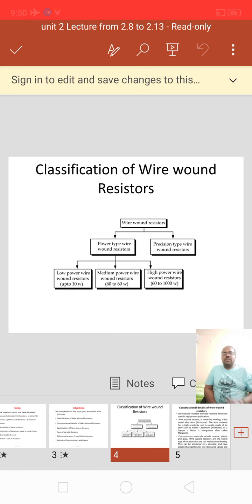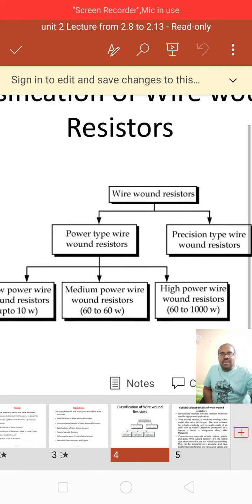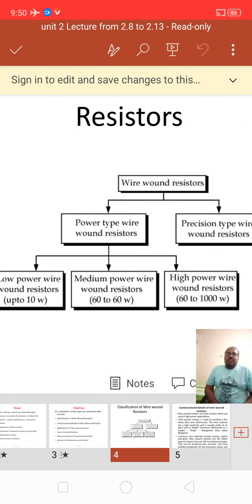Okay, now first topic is classification of wire wound resistors. See here, the classification is given in a tree form. Wire wound resistors are divided into two parts. First part is power type wire wound resistors.